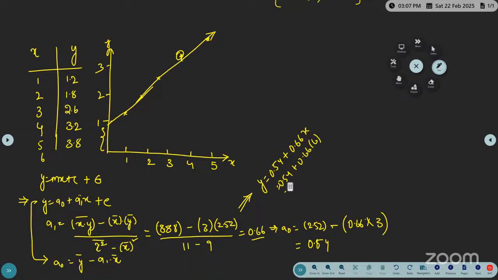I did not calculate it, which is 4.5. So if we have a sixth point over here, it will be meeting somewhere at 4.5.